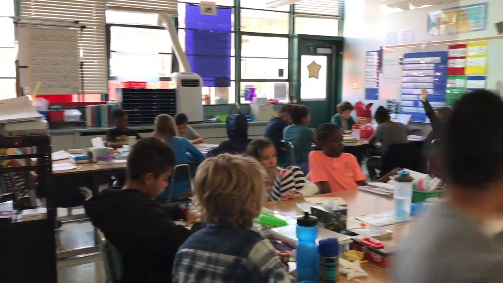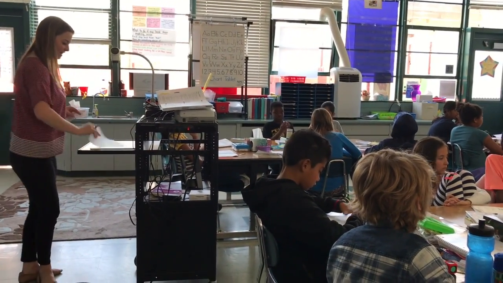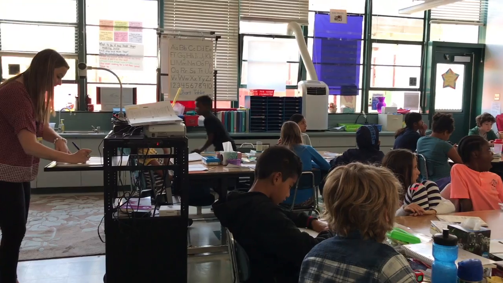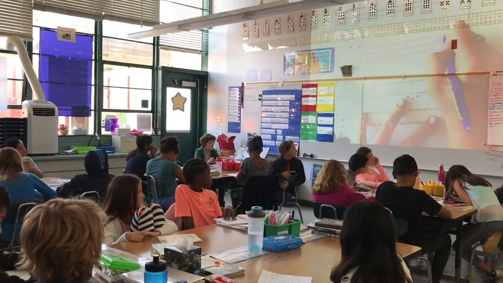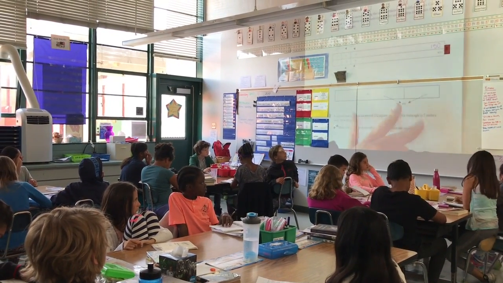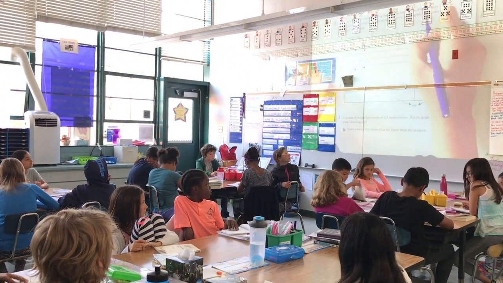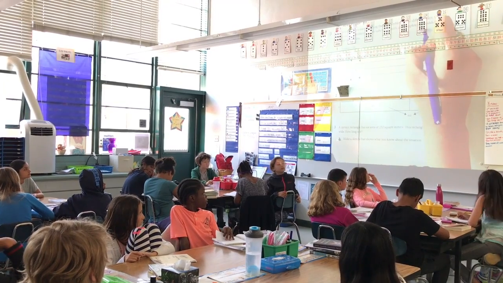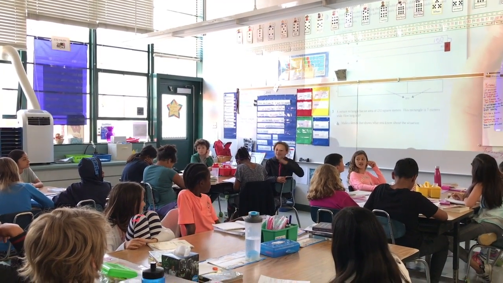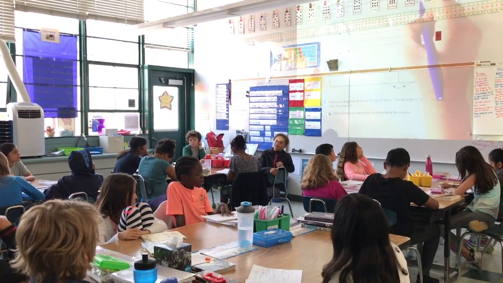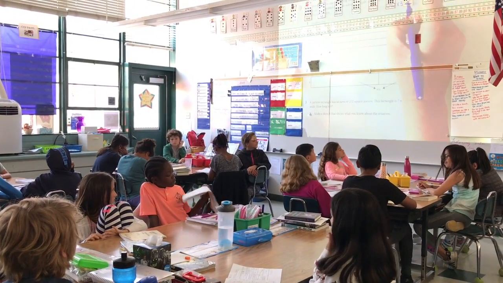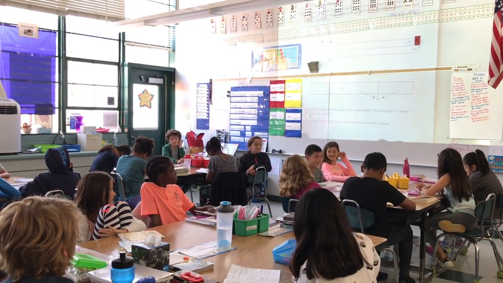So he got 150 here, and we know that 150 times what equals 450? 150 times 3 equals 450. So think about it for a second.